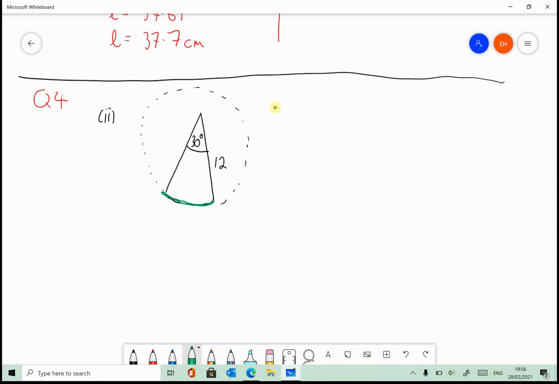Specifically, that is going to be 30/360ths of a full circle. So there's 30 degrees in here, and that means there must be 330 degrees out there, because there's 360 degrees in total in a full rotation.